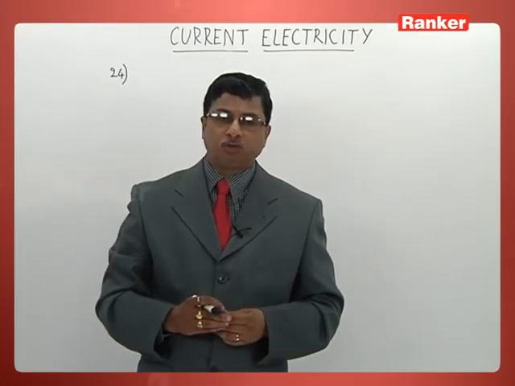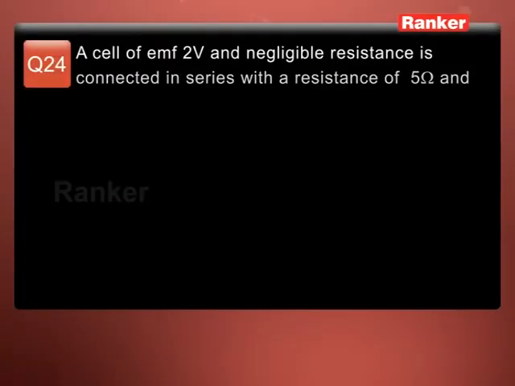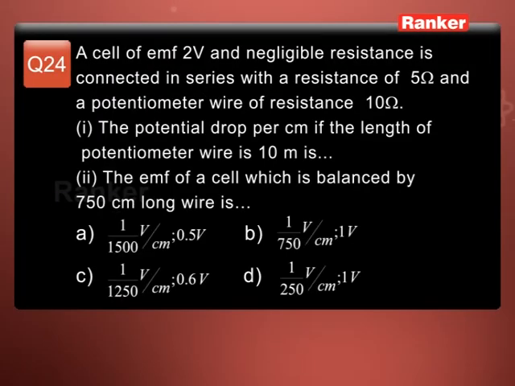Let us switch over to problem number 24. A cell of EMF 2 volt and negligible resistance is connected in series with a resistance of 5 ohm and a potentiometer wire of resistance 10 ohm. He is asking you two bits over here.